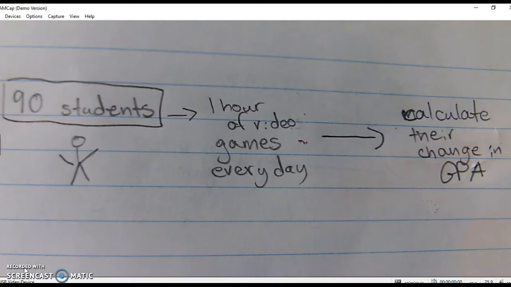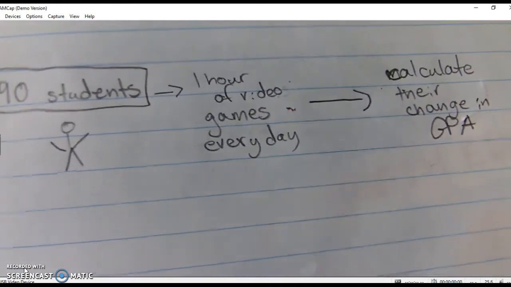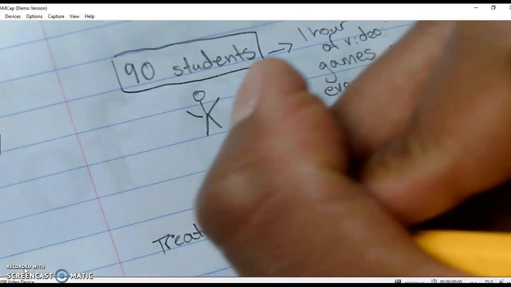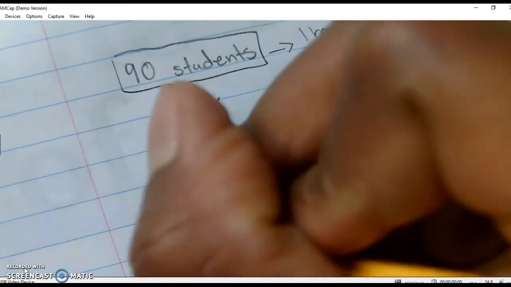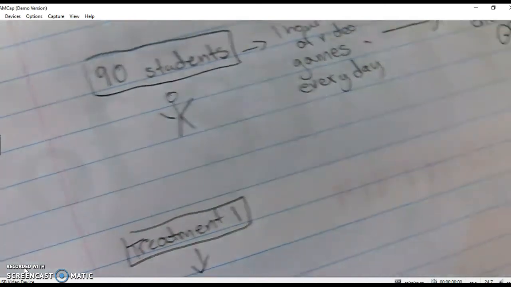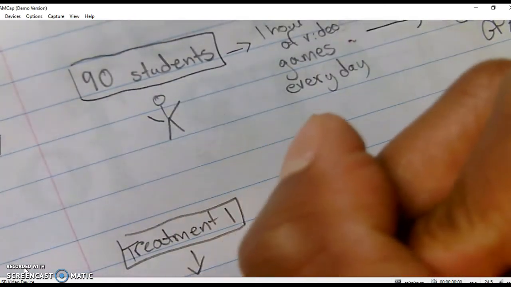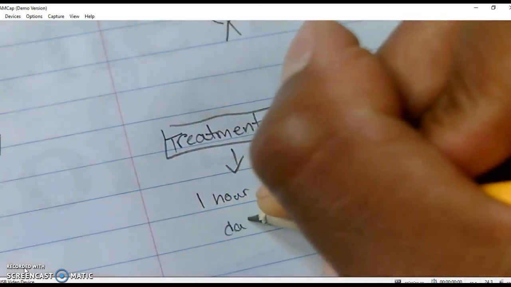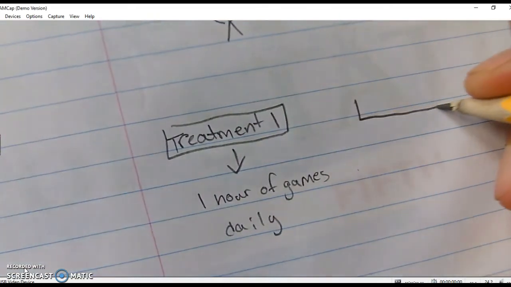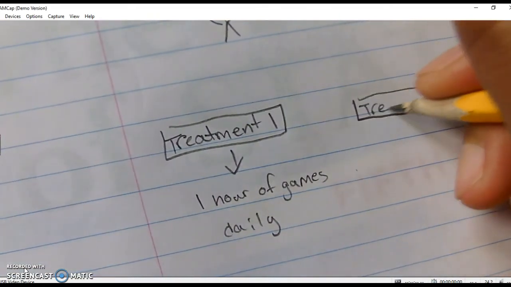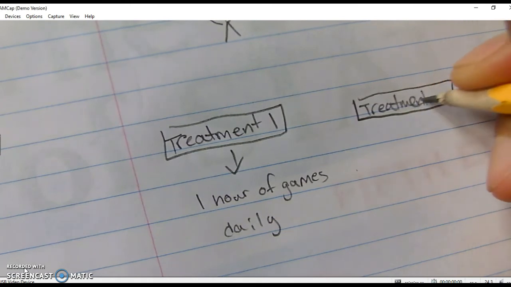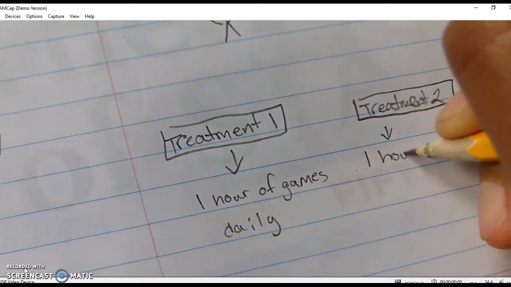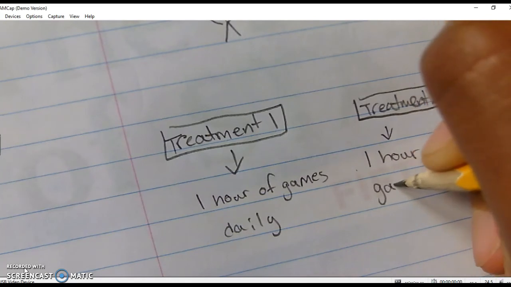So now, instead we're going to have 3 different treatments that we're going to be giving to our students. Let's mark out what these treatments are. Treatment 1 is what we saw in the first example, which is 1 hour of games daily. Treatment 2, we're going to say 1 hour of games weekly.